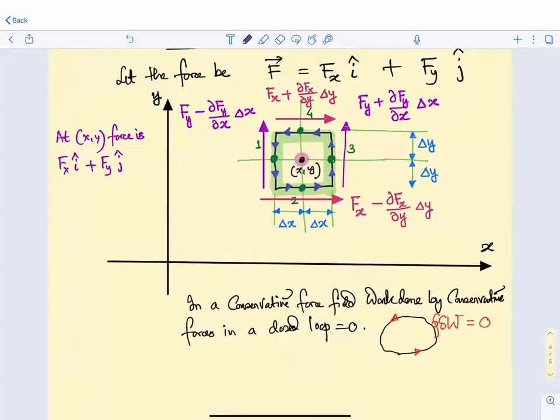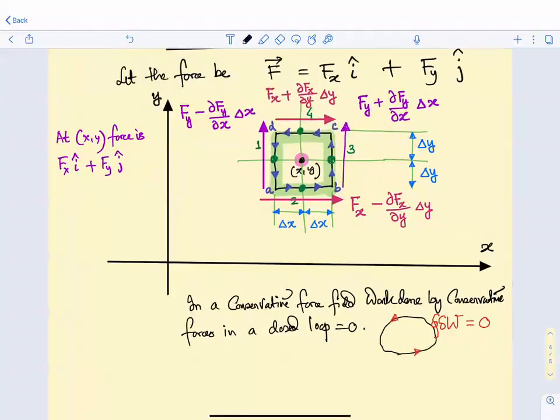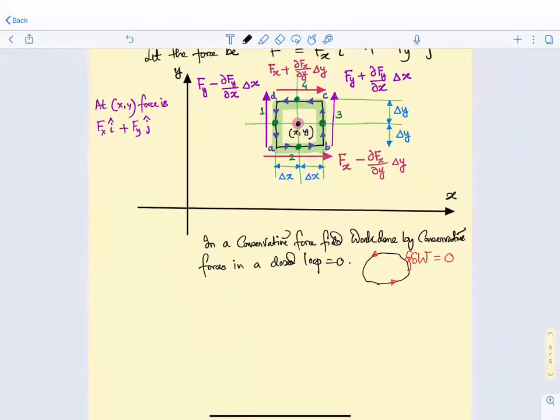So let's name the points A, B, C, and D. Therefore, work done along AB plus BC plus CD plus DA is equal to 0.